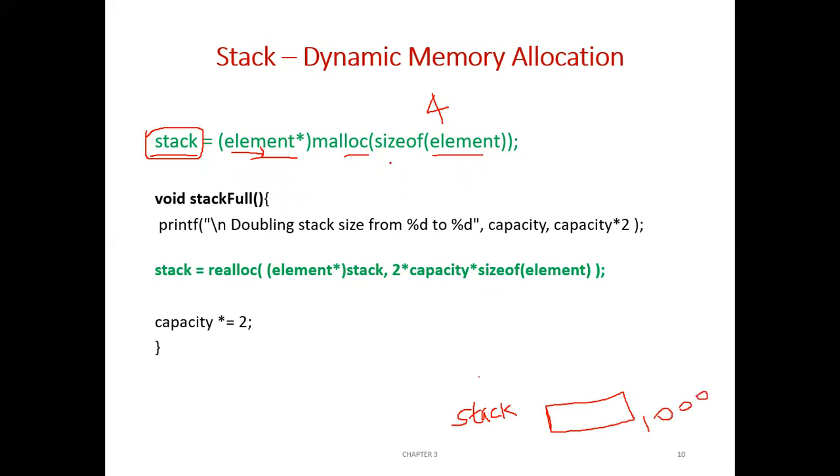Now when you do this malloc(sizeof(element)), 4 bytes of memory are allocated, of type element, and let us assume its starting address is 2000. This needs 4 bytes of memory. So that starting address, 2000, will be stored here. It means that stack is pointing here. So this is your stack.